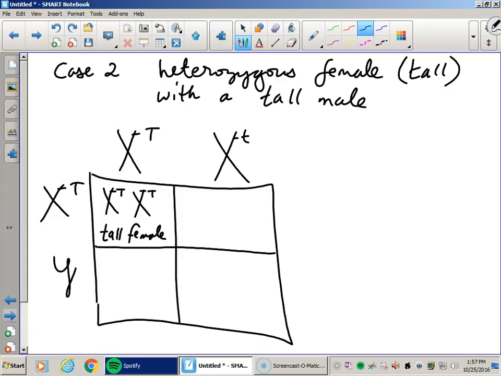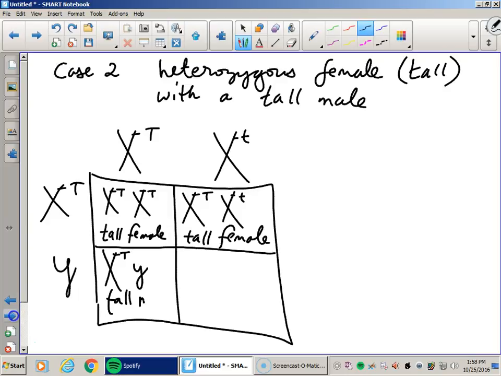Sometimes it helps with your Punnett squares to actually write the phenotype right underneath the genotype. Okay. How about this girl? She's a tall female as well. This one? Tall male. Short male.